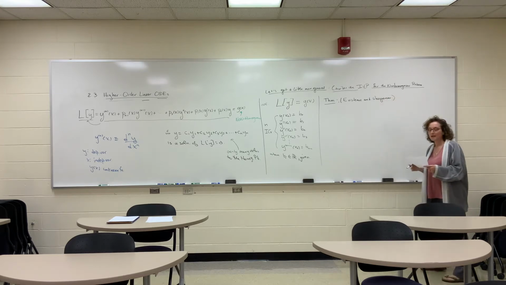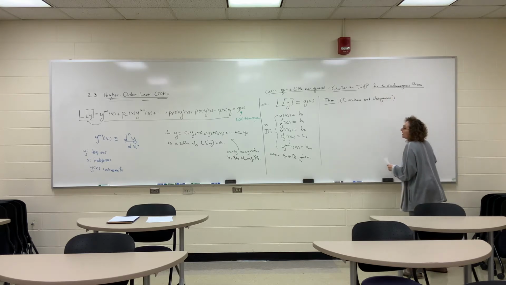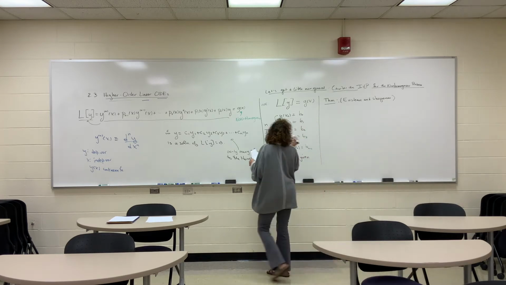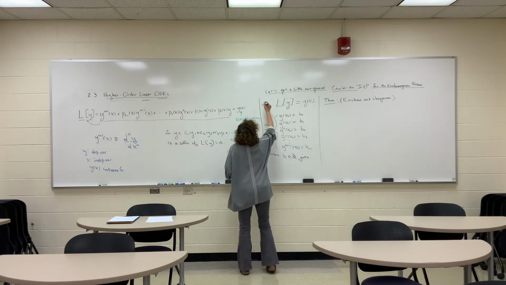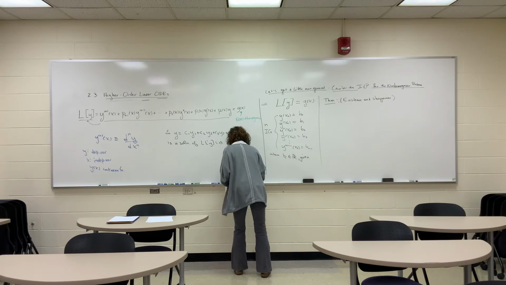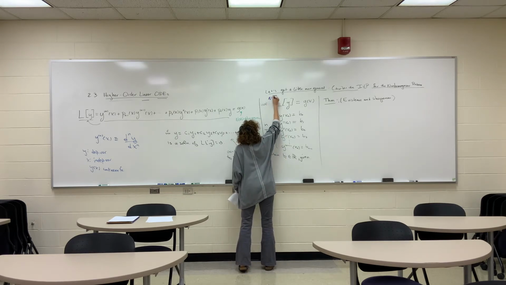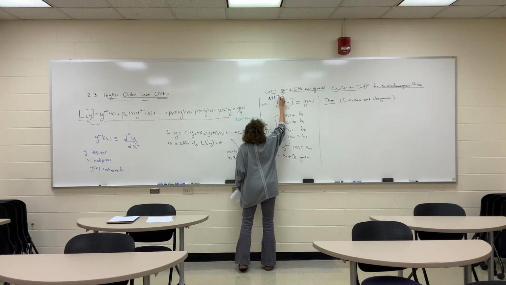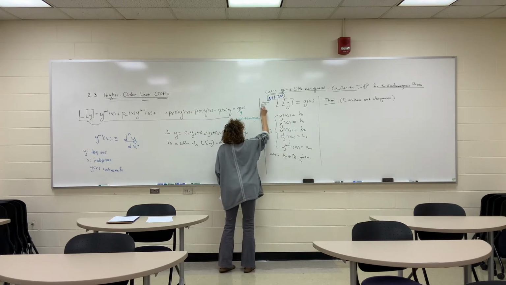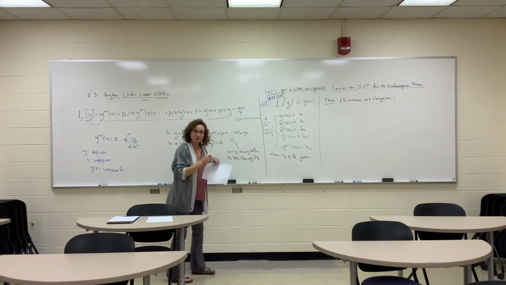Okay, so what do we know? Let's call this, put it in blue, the non-homogeneous IVP. It's this ODE plus these n initial conditions, right?